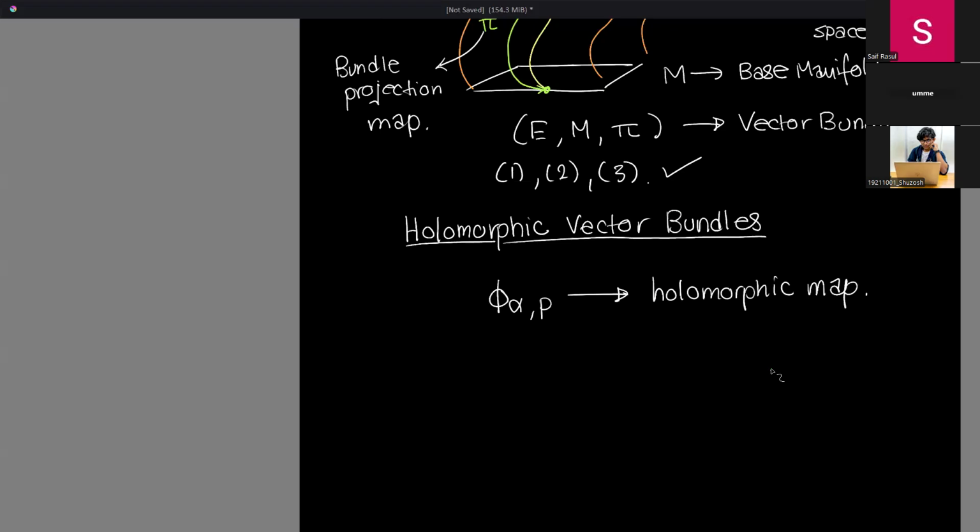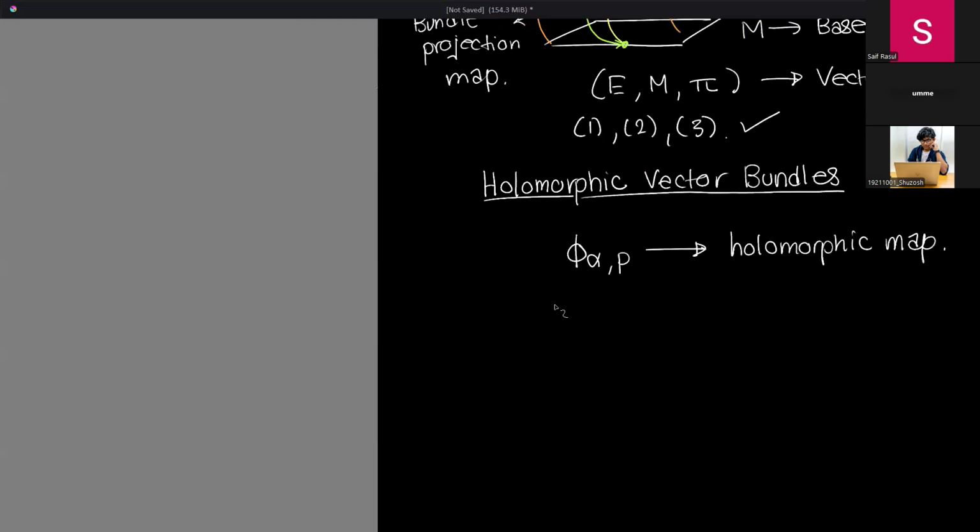So this is kind of like our coordinate chart, quote unquote, for our vector bundle. It's something that's analogous to what we were doing with the coordinate charts, but it's not exactly a coordinate chart.